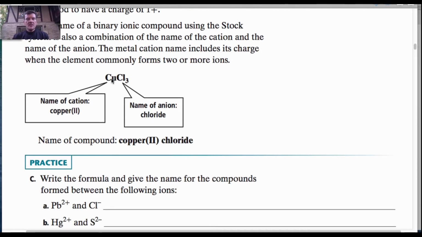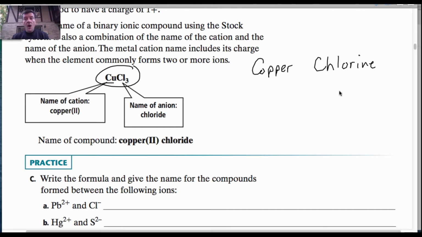Okay, so let's use this one for example. Let's go here. This is Cu. Cu is copper, and the Cl is chlorine. So copper has multiple possible ions. It could be a +1, it could be a +2, maybe a +3. How do I know? Well, if I look at the formula, there's a clue there for me to figure it out.